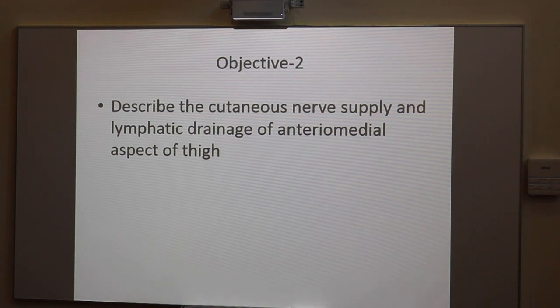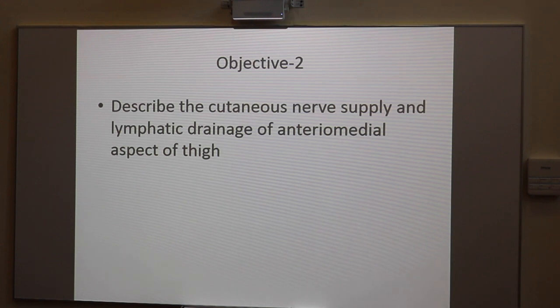And you would have the lymphatic drainage, or the superficial lymph nodes, which are draining the lower limb, also present in the cutaneous or the skin. So once you remove the skin in the superficial fascia, you would find cutaneous nerves, superficial lymphatics, superficial arteries, and superficial veins.